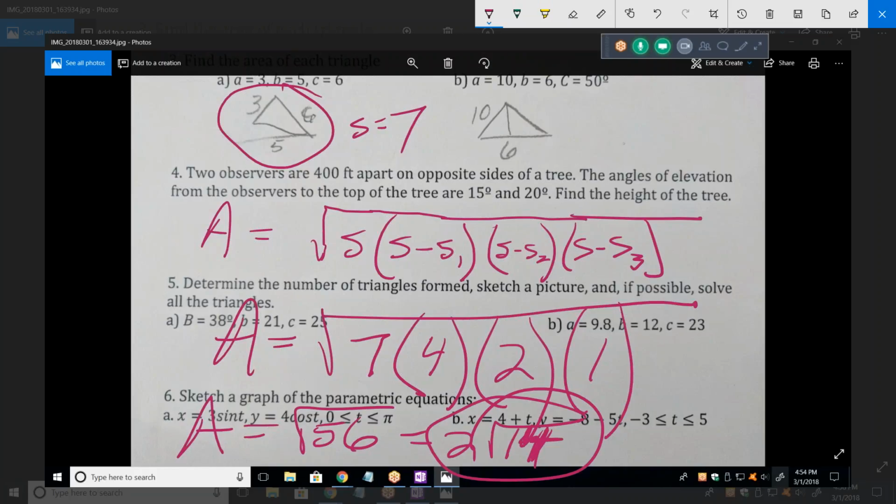2 root 14? Yeah. In other words, if I wasn't quite sure of my formula, if you're looking at that formula, then that's the answer, for sure. But let's say I wasn't totally sure of it, and I want to approximate what the area of this triangle were.